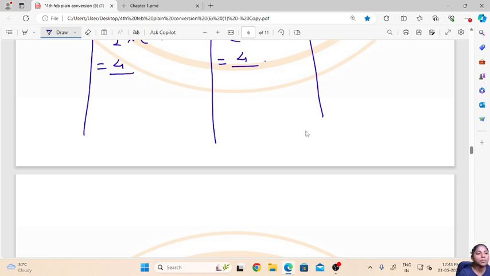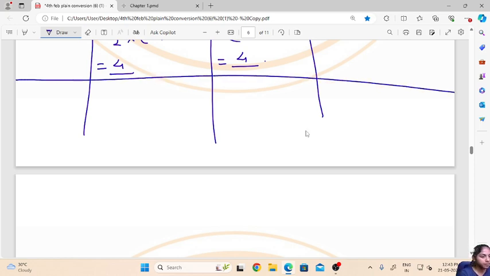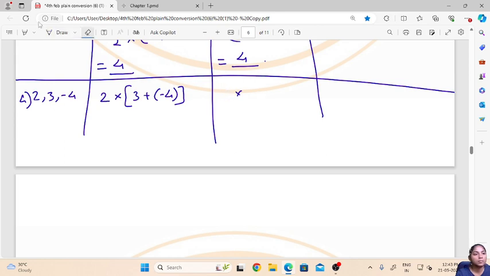Then another example that we have is 2, 3 and minus 4. So a into (b plus c) and a into b plus a into c.